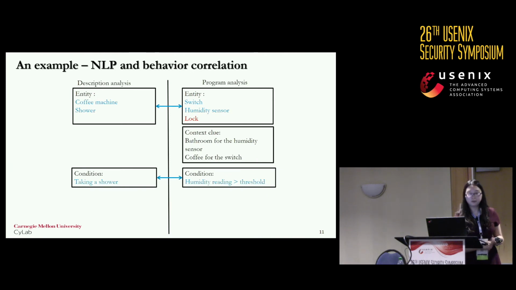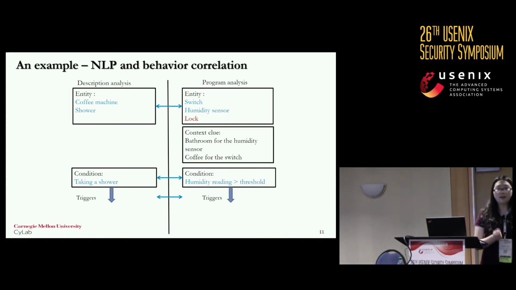So let's go further into how we match the conditions. Based on our analysis over API documentations and description analysis, we'll be able to match the condition taking a shower in the description analysis, and the condition humidity reading above the threshold in the program analysis. The final step is to understand what kind of actions will be triggered when the context happens.